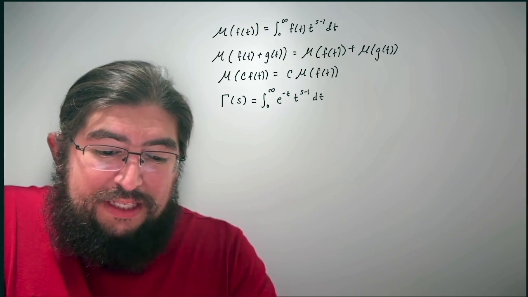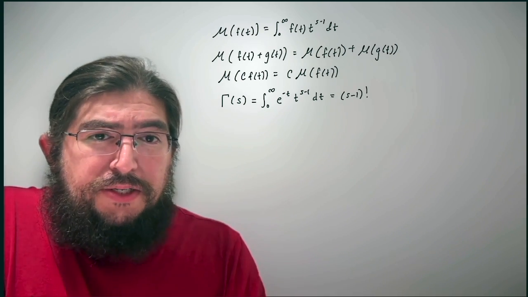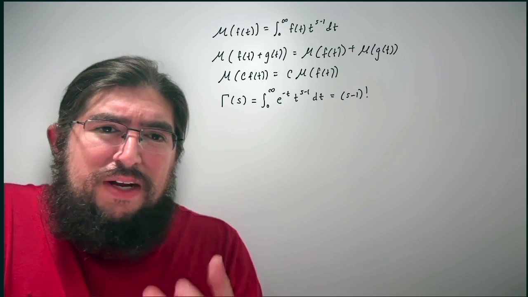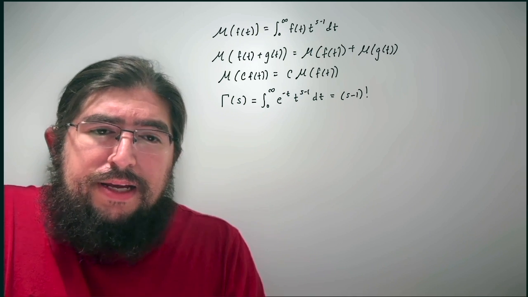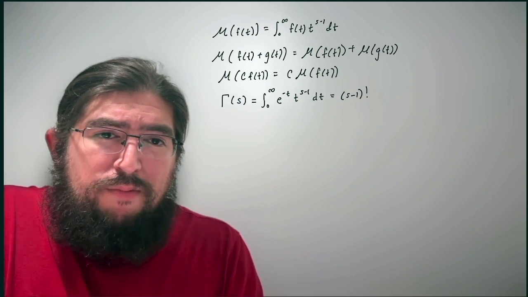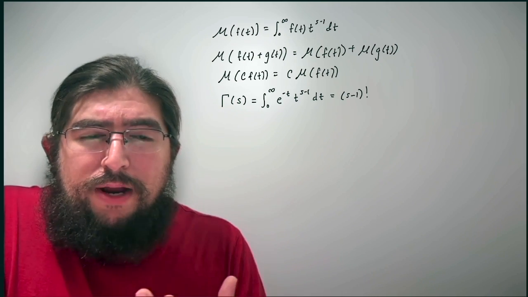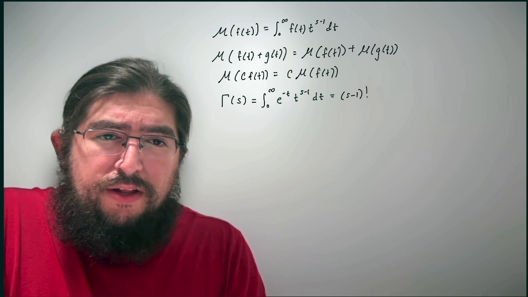What this ends up being is the same as (s minus 1) factorial when s is an integer. When s is not an integer, we just say this is factorial of s minus 1, whatever s is. So for example, if s is 1/2, then 1/2 minus 1 is negative 1/2, and you can say this is like negative 1/2 factorial.